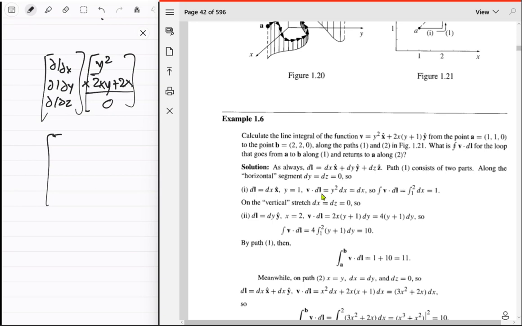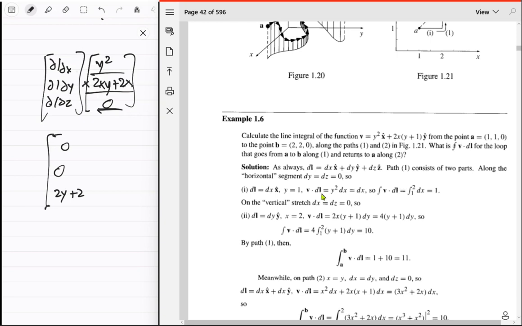Oh, this does not contain z at all. So the partial with respect to z terms are going to be zero everywhere, and the other two components will be zero anyway. The final z term will just be this minus that. So this one is just 2y plus 2.